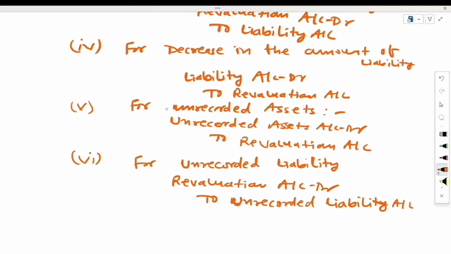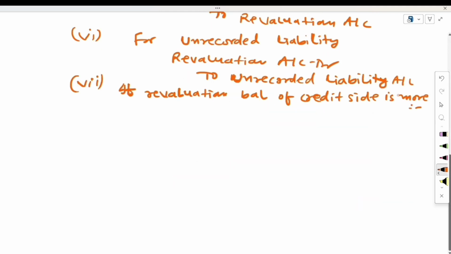At last, we have to identify on which side the revaluation account balance is more, debit side or credit side. If the revaluation account credit balance is more, it means there is a profit, and if the debit balance is more, it means there is a loss, and this profit or loss will be credited or debited to the partners' capital accounts. If the credit side is more, it is a profit.